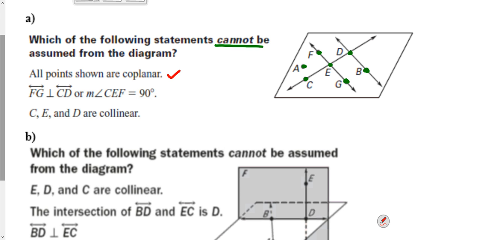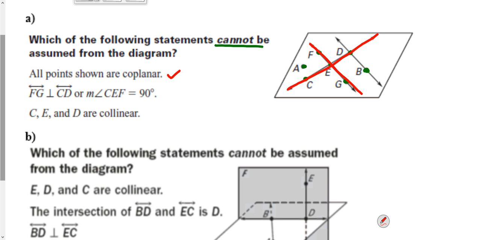But let's look at this next one. Line FG. Let's find line FG right here. Is perpendicular to line CD. Or measure of angle CEF equals 90 degrees, which is that same thing. CEF being 90 degrees.